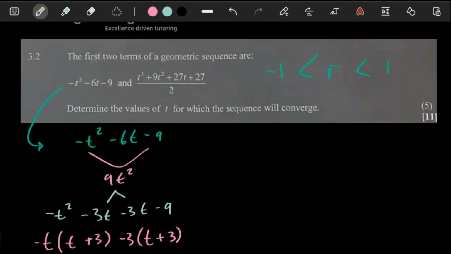So factorizing what we have there, what are we gonna do? They say this is the first two terms, so we know that this divided by this is r. Oh well, it is what it is. Because yeah, we kind of do need to factorize this.